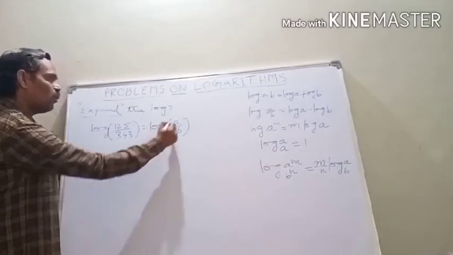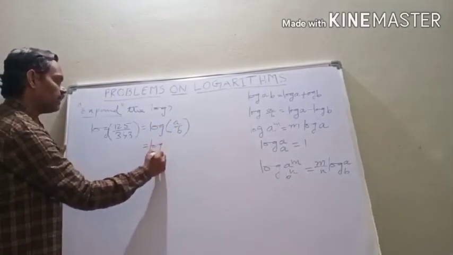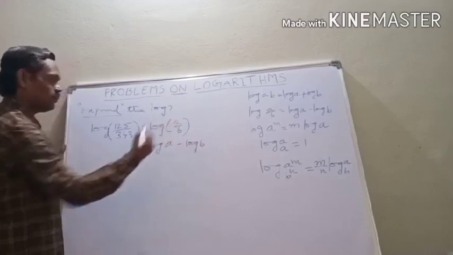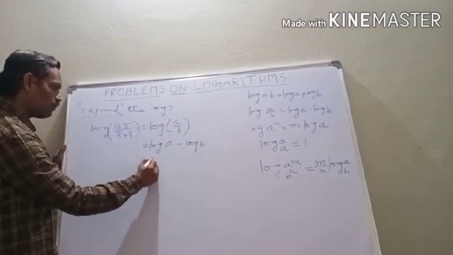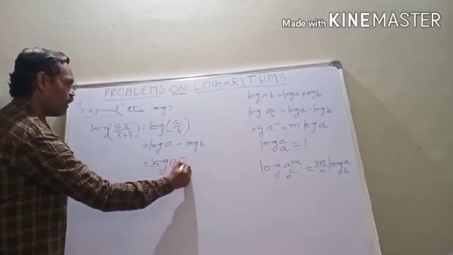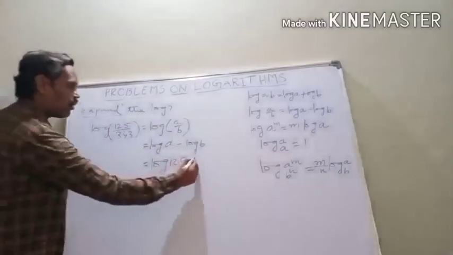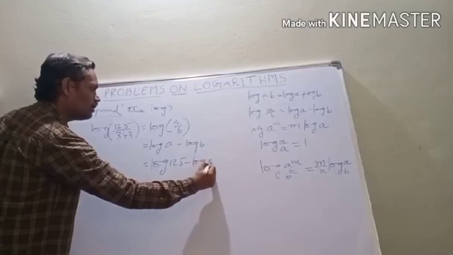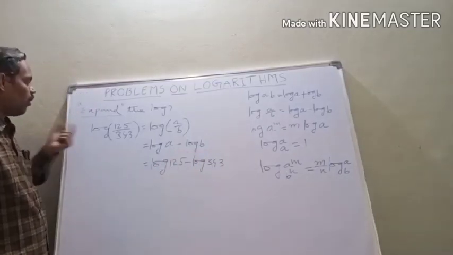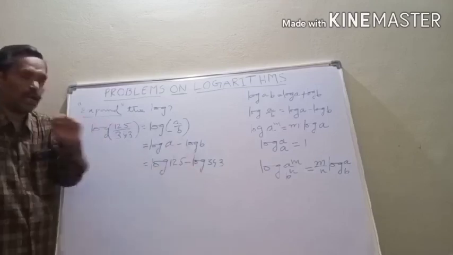So as you know, log of A by B is nothing but log A minus log B. According to the problem, log A is nothing but log 125 minus log B, B is nothing but 343. So now 1 log can be split into 2 logs.